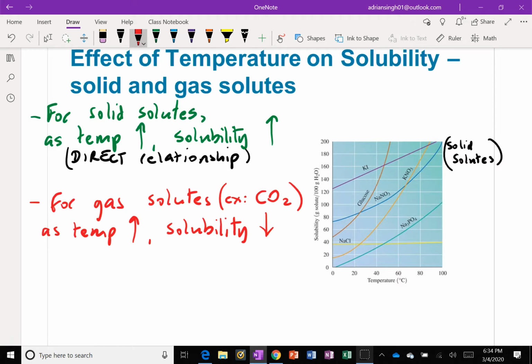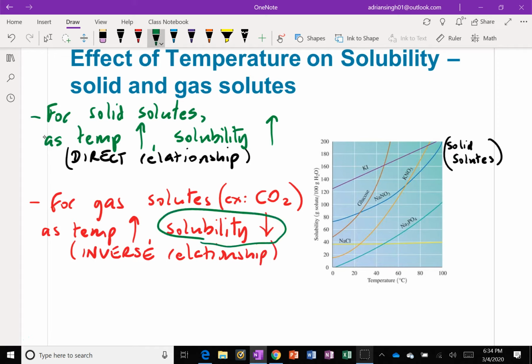And that would be an example of an inverse relationship. Right? Because the solubility decreases, what that means is that the gas will leave the solution.